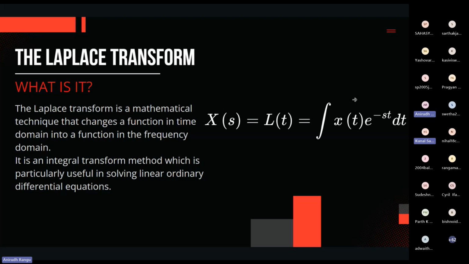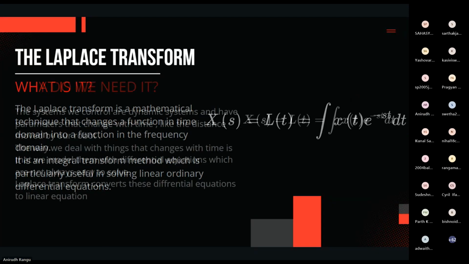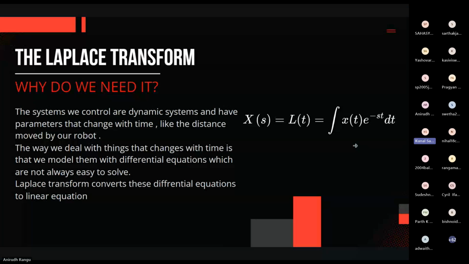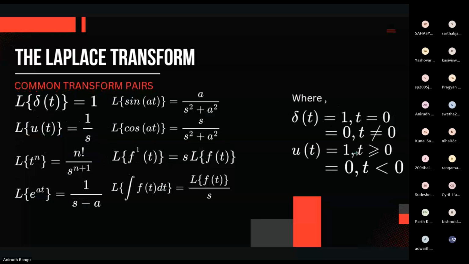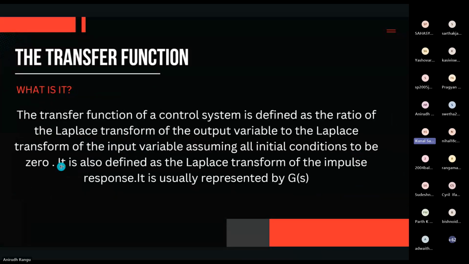There are some differential equations that use two variables, like y of t and x of t. There are some standard Laplace transforms, and using these you can basically solve them.